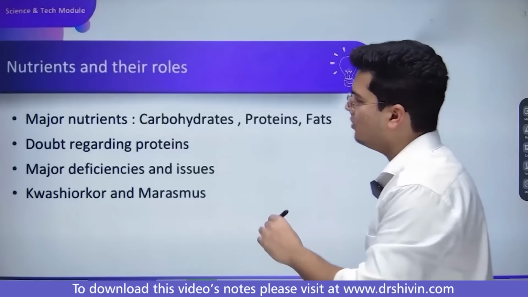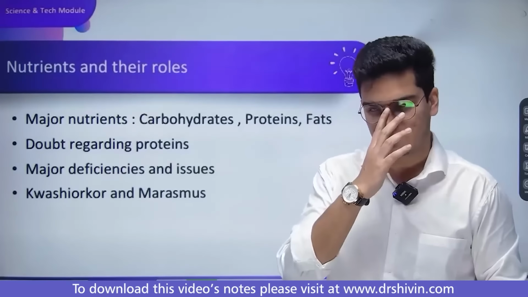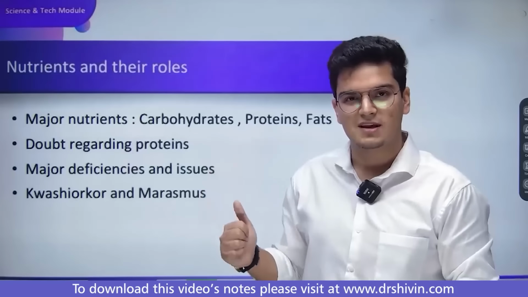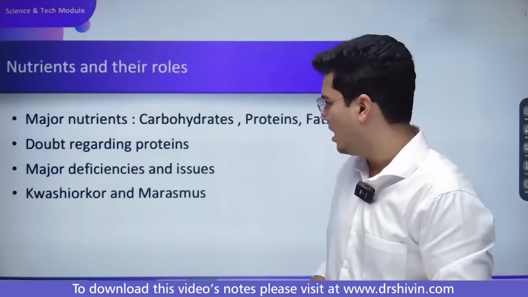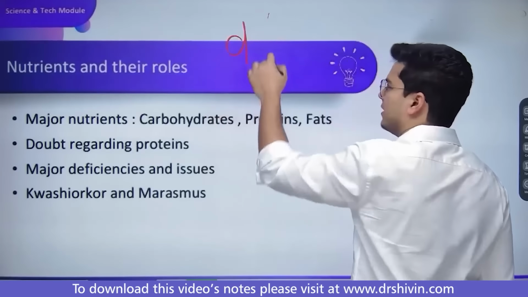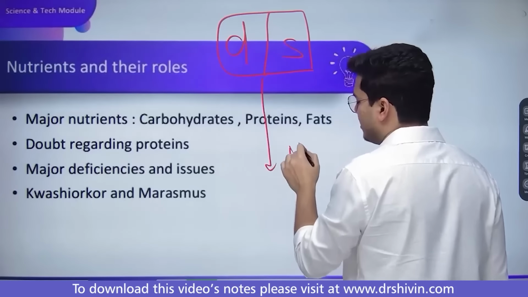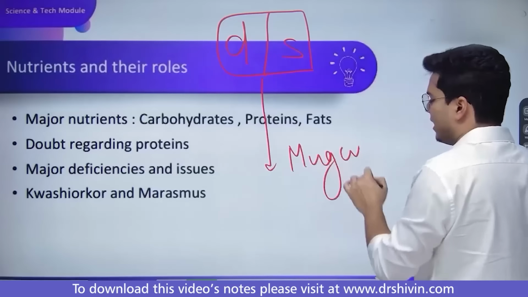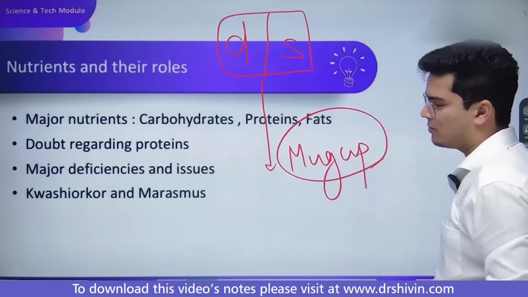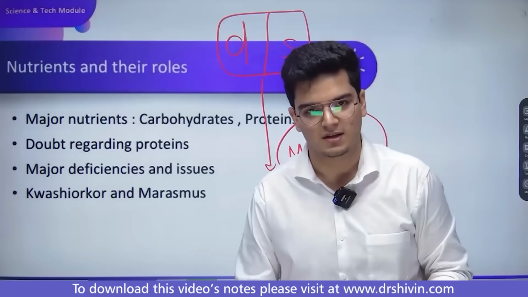Okay, now let's come to nutrients and their roles. Okay, nutrients and their roles and the diseases that they cause. अब हम काफी सारी diseases पढ़ने वाले हैं. अब प्रॉब्लम क्या है कि आपको ये diseases रटनी पड़ेंगी. You will have to mug them up. There is no other option, क्योंकि हर साल एक या दो क्वेश्चन आ जाते हैं.